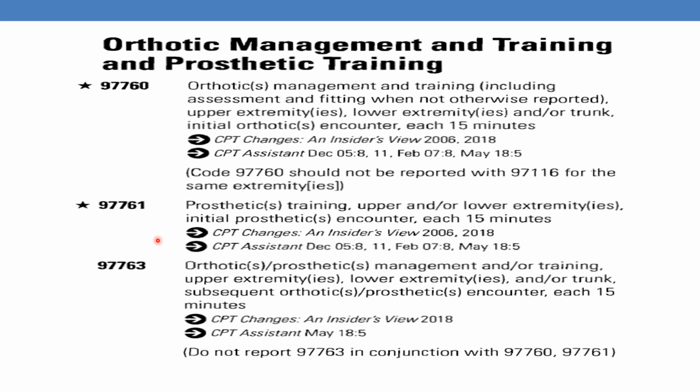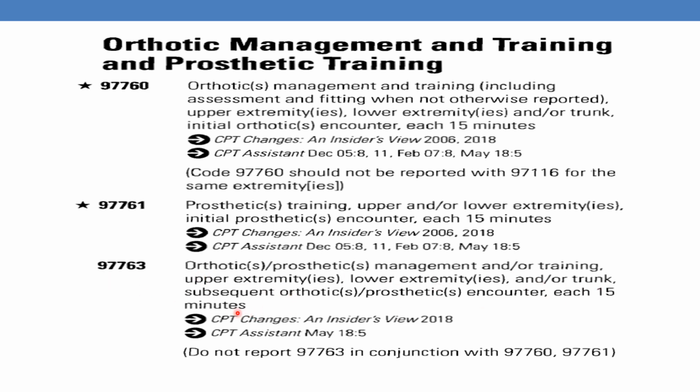Next, coming to 97761, it indicates prosthetic training, which involves upper and or lower extremities, initial prosthetic encounter for each 15 minutes. This is also a time-based CPT. Next, finally coming to 97763, it indicates orthotic or prosthetic management and or training, upper extremity, lower extremity, trunk.